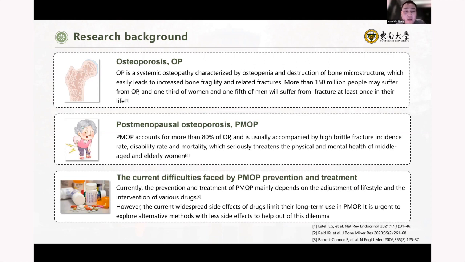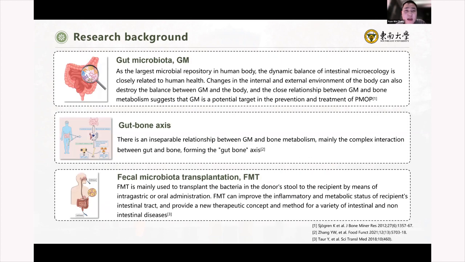The gut microbiota is the largest microbiome in the human body, and its balance is closely related to human health. There is an inseparable relationship between GM and bone metabolism, mainly the complex interaction between gut and bone, forming the gut-bone axis.